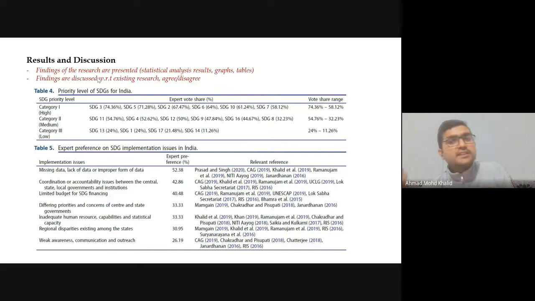And your findings might also disagree with the existing research. For example, somebody conducted research in the IT service area and found that the most effective age period for women employees in the IT sector was between 25 to 30 years.